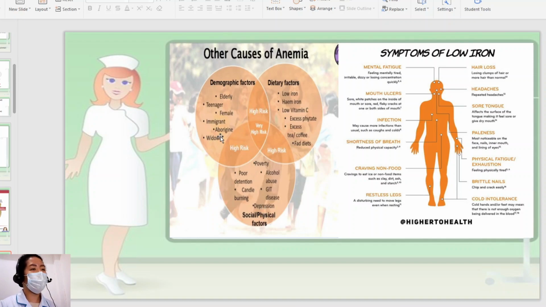And then the second example, a teenager or elderly has low iron in the body. It's due to poverty. It can also be due to alcohol or poor dentition. And then for the elderly, an elderly who is not taking iron-rich foods may develop gastrointestinal disease.